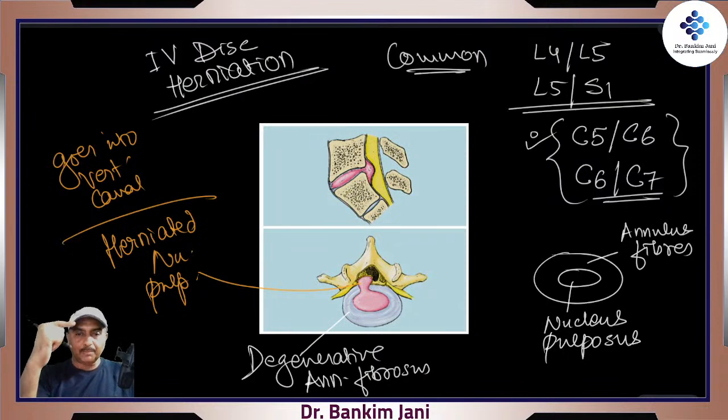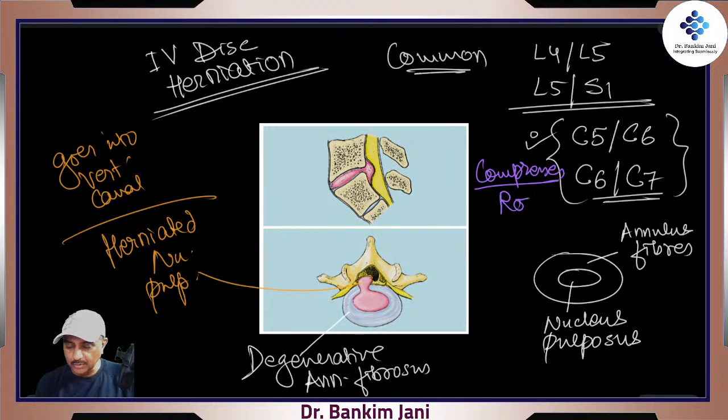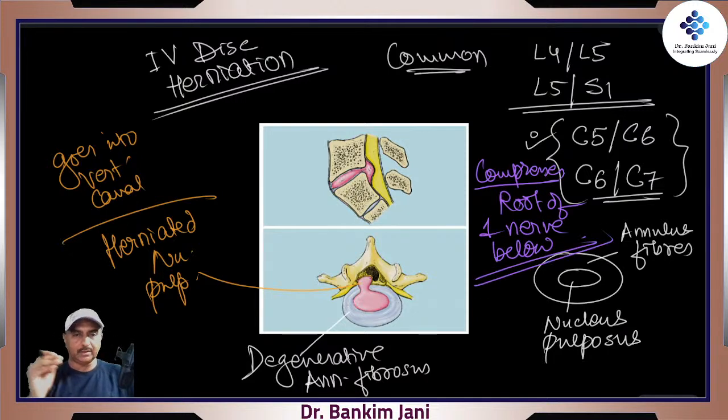So it compresses the root of one nerve below, right? So remember this, it compresses the root of one nerve below. All are questions, right? One nerve below. So do remember this. And which ligament will be involved? Well, it has to be the posterior longitudinal ligament.